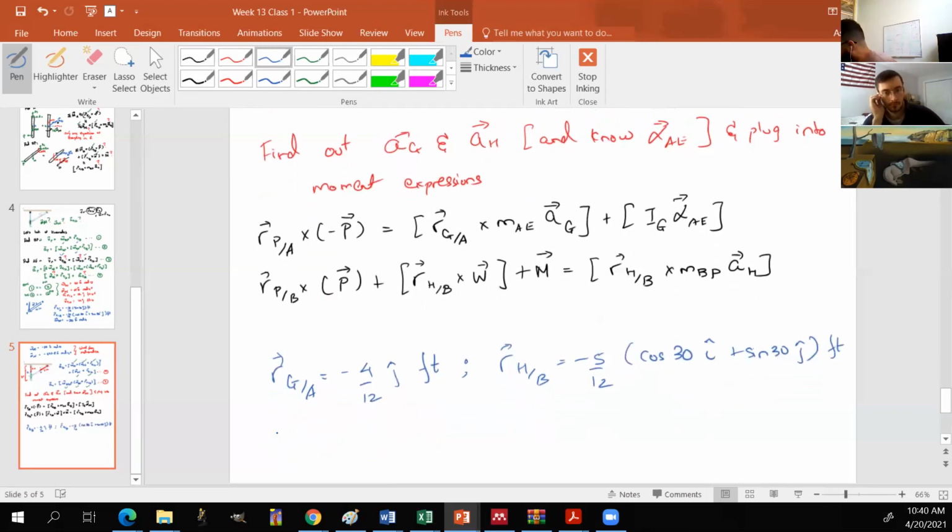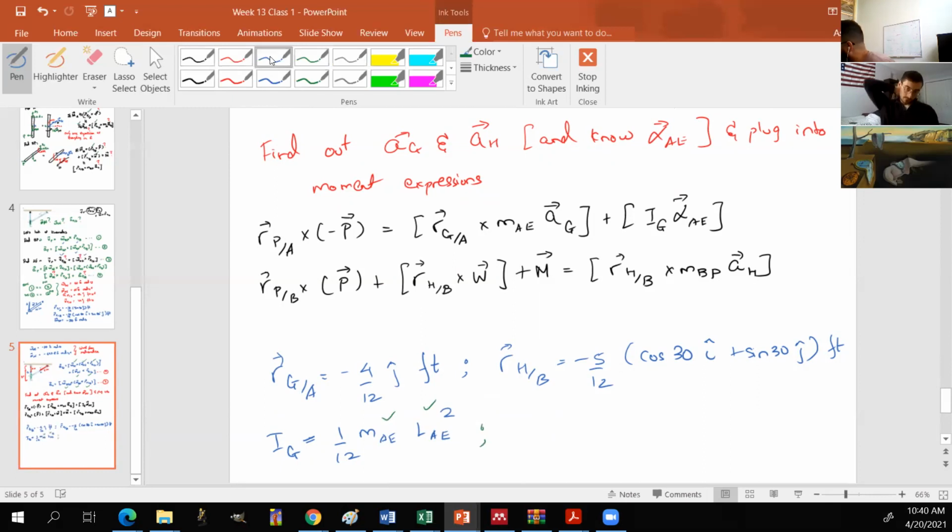You can also find out what IG is. That's just equal to, for that one rod, 1 over 12 times the mass of AE times its length squared. This is known, you guys can figure that part out.